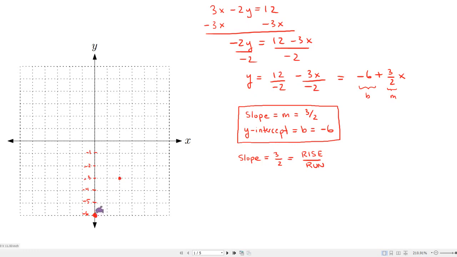You see that the rise was 3 and the run was 2, and both of these are positive, so we're going positive y and positive x. And so now the line that goes through these two points will continue to do that same thing. You will rise according to that ratio, that slope.